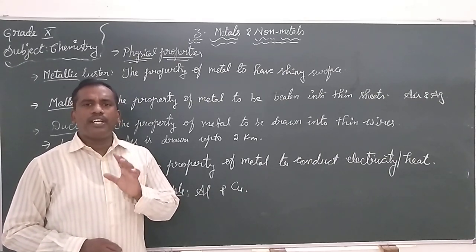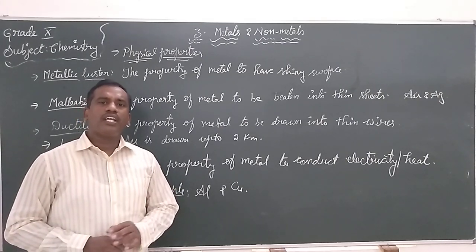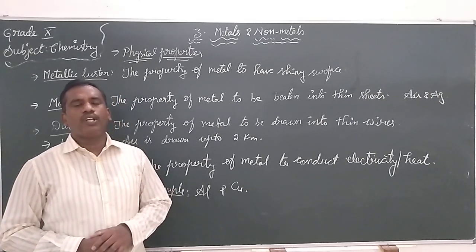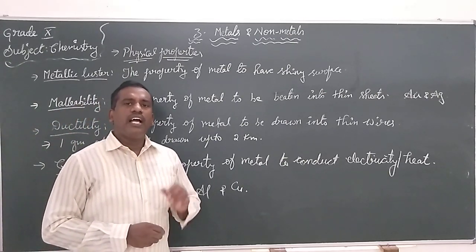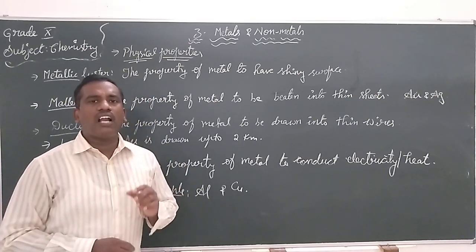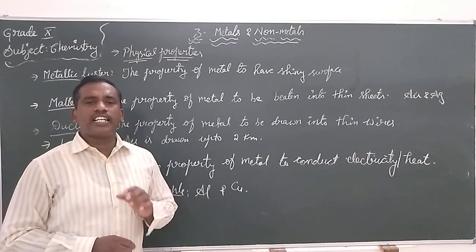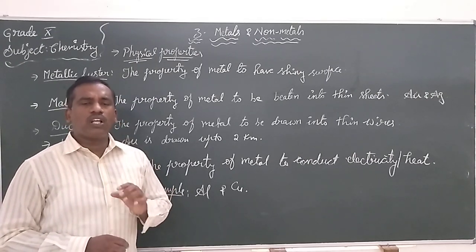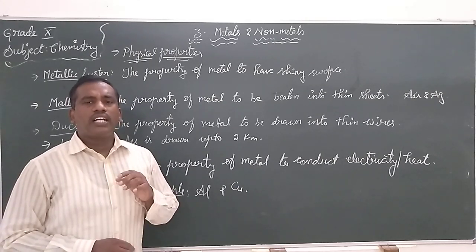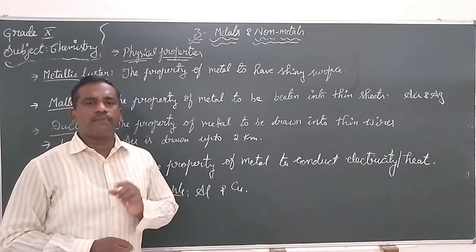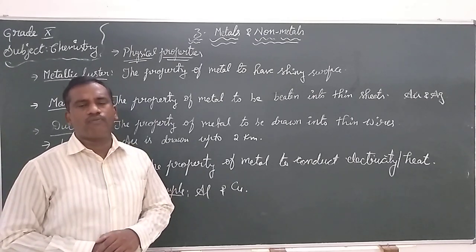Every metal can be beaten into sheets, but which is more malleable? Do you remember in your grade the Rutherford alpha scattering experiment? In his experiment, Sir Rutherford used a gold foil that is 1000 atoms thick. Why did he use only gold foil?